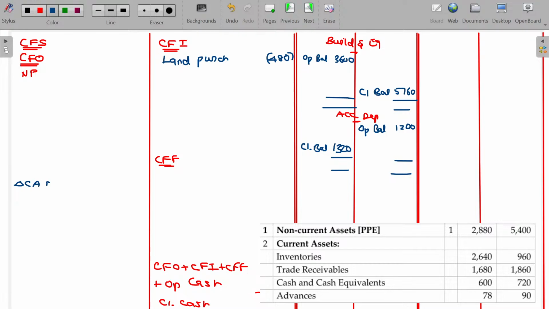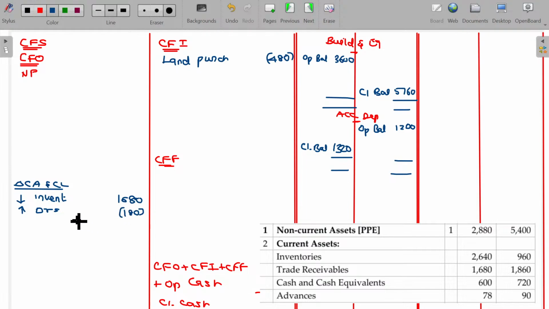Under that, decrease in inventory, 1,680, an inflow. Trade receivables: increase in debtors by 180, negative.